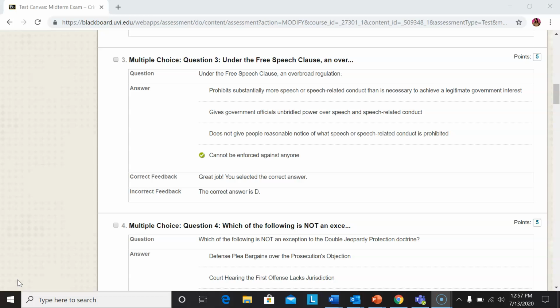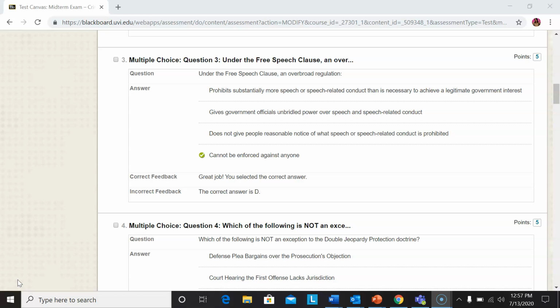But for the record, that answer is incorrect. The correct answer is what was listed, D, that the overbroad regulation under the free speech clause cannot be enforced against anyone. And here's why. In the call of this question, you see the word regulation.